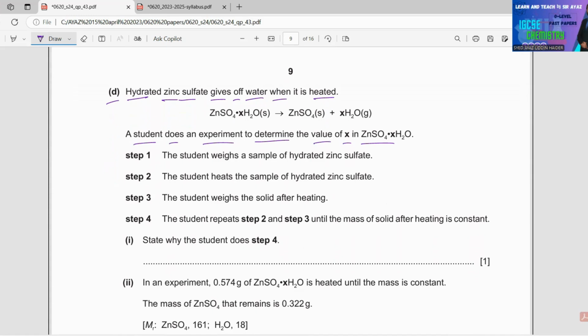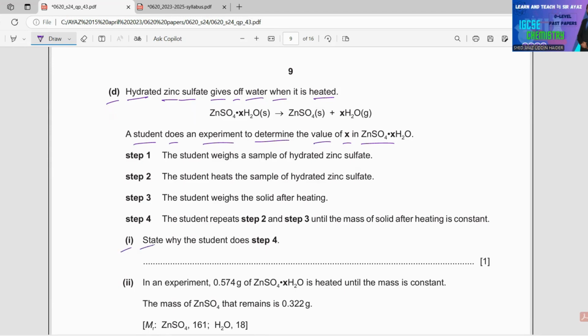Step 1, the student weighs a sample of hydrated zinc sulfate. Step 2, the student heats the sample. Step 3, the student weighs the solid after heating. Step 4, the student repeats step 2 and step 3 until the mass of solid after heating is constant.